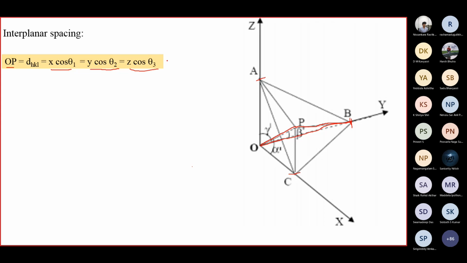From the right angle triangle OPB, we are expressing OP in terms of y cos theta 2. Clear? Any doubts?